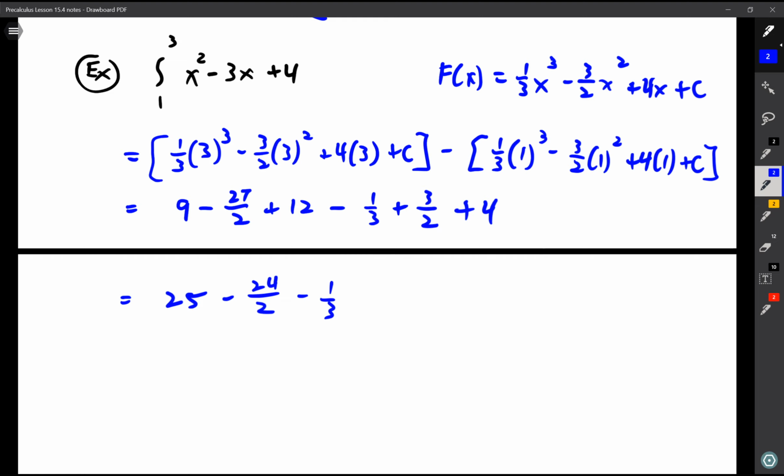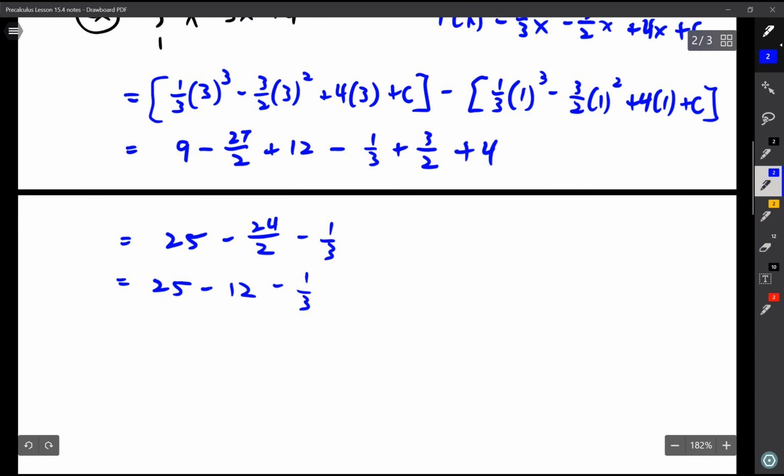So that's the same thing as 25 minus 12 minus 1/3. And that is 13 minus 1/3, which is 12 2/3, or 38 thirds. I think I made a mistake.